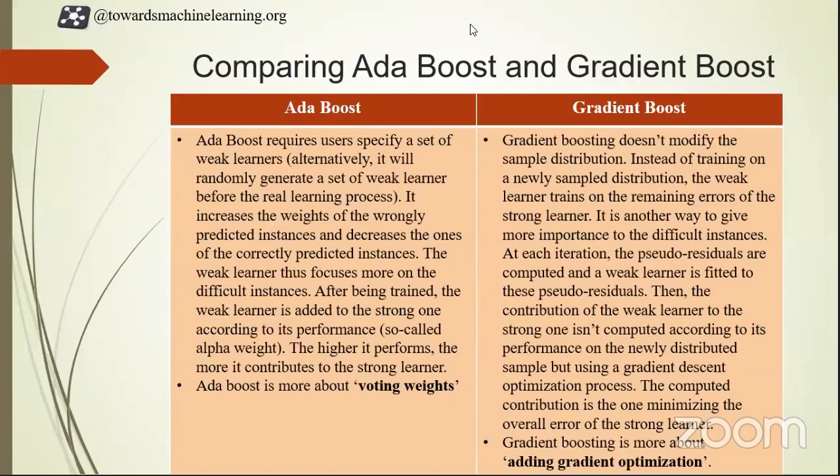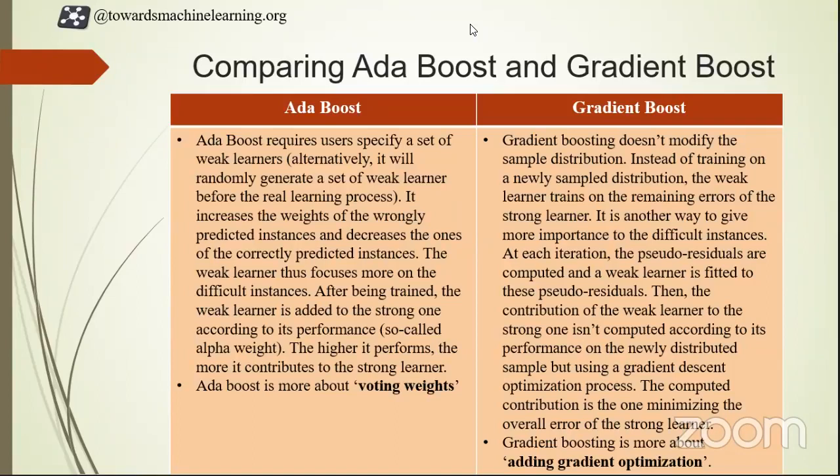We try to minimize the error weight. Yes, I understood, Deepak. Normally, what we do is we generally try to compute the residuals, and try to fit the next weak learner on those residuals which we have computed.